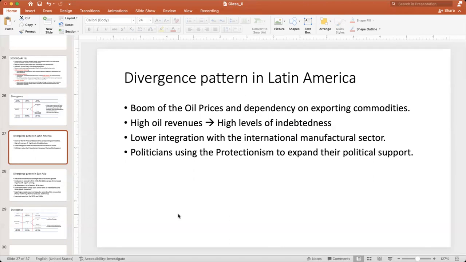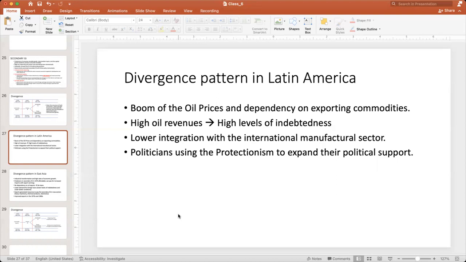Before 1970, oil had higher prices. That gave the Latin American countries higher oil revenues, and because they could get higher levels of revenue from exporting oil, they could get higher levels of indebtedness.